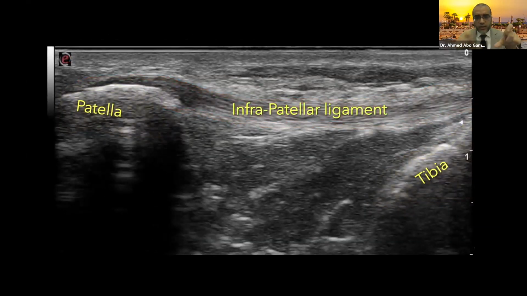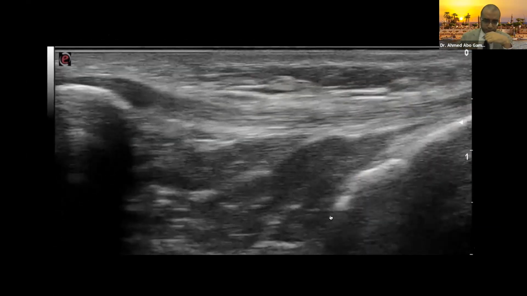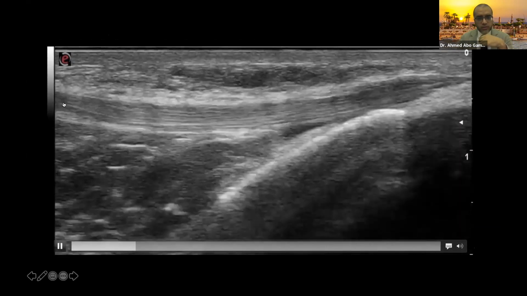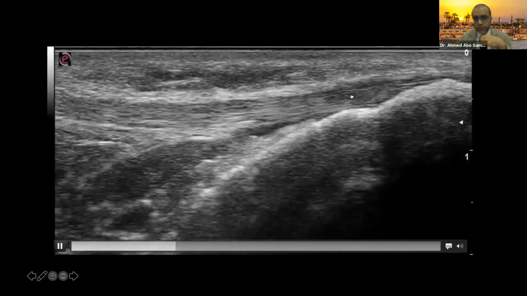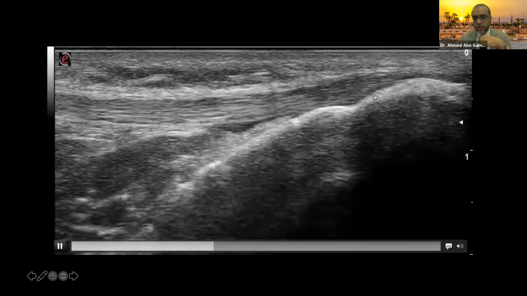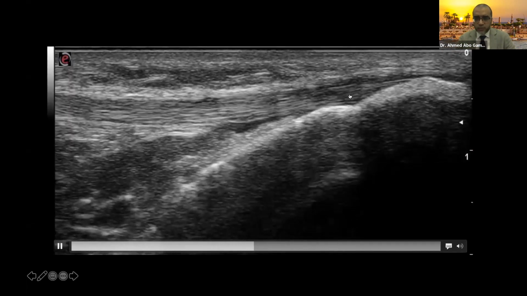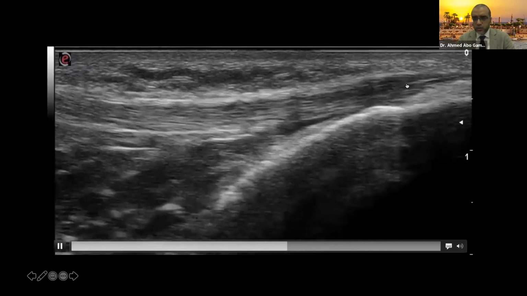Here, this is a live assessment. You can see the patellar pole starting here. You can see my arrow. This is the tendon, the infrapatellar ligament, going to insert into the tibial tuberosity, and this is the cortical part of the insertion. You can visualize the insertion line, which is clear without any irregularities, and the fibers of the tendon are maintained down to the insertion without any thickening or inflammation.